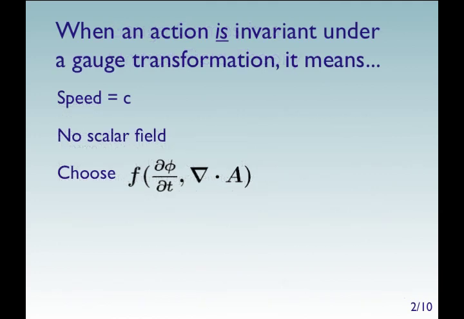Before I go into this slide, I will describe a little bit about what an action is. An action is an integral over space-time of all the ways that energy can be exchanged per unit volume. What one then does is look for ways to vary this action such that the integral actually doesn't change over arbitrary amounts of time.